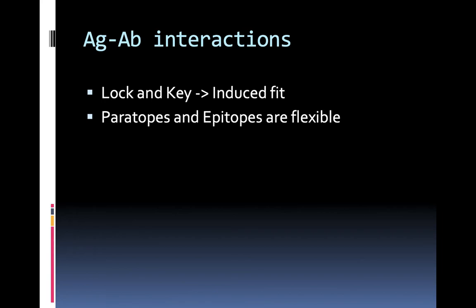You remember from your biochemistry the Fischer lock and key model, right? However, as more structural data became available, it became clearer that in many cases the lock and key model is not properly describing the antigen antibody interaction.